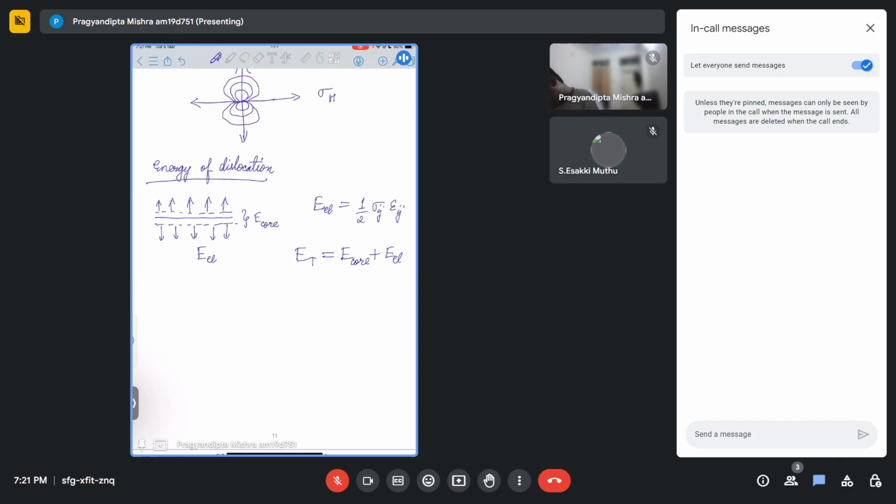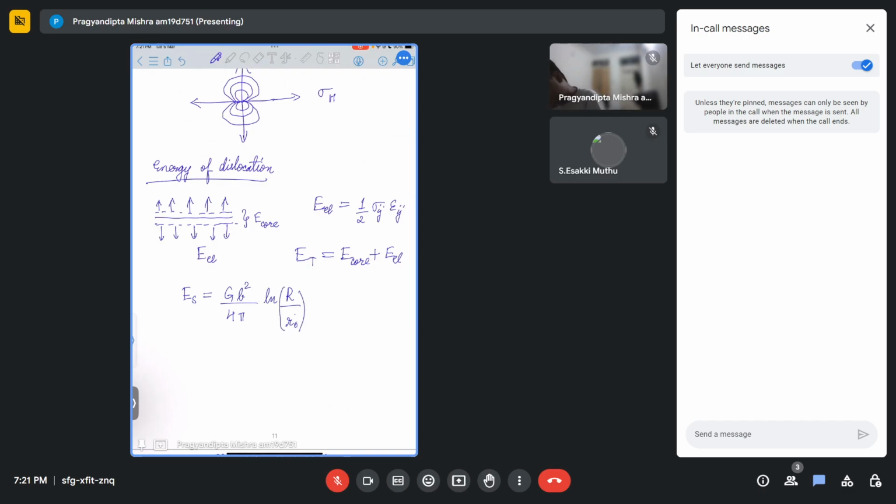The energy for a screw dislocation will be equal to G b squared divided by 4 pi times ln of R by R naught.